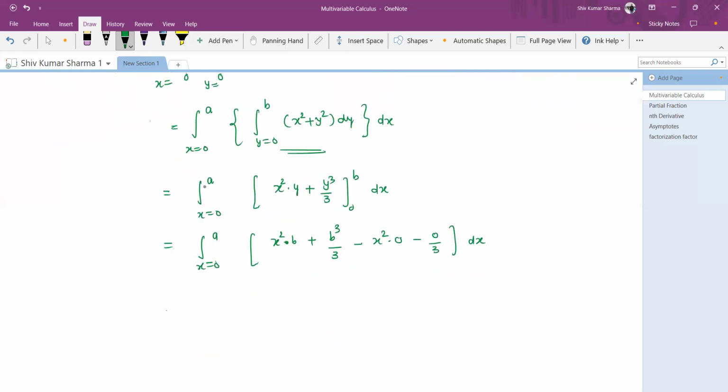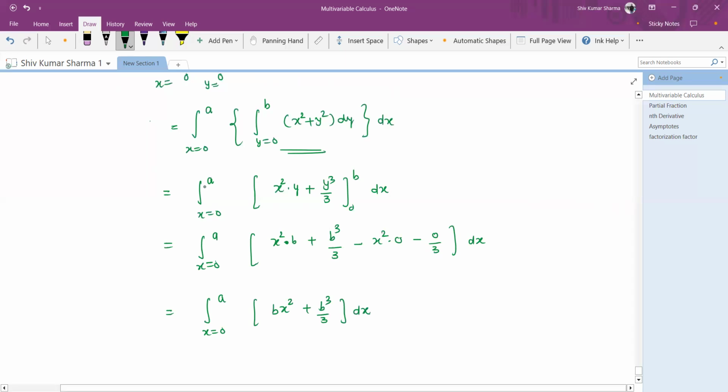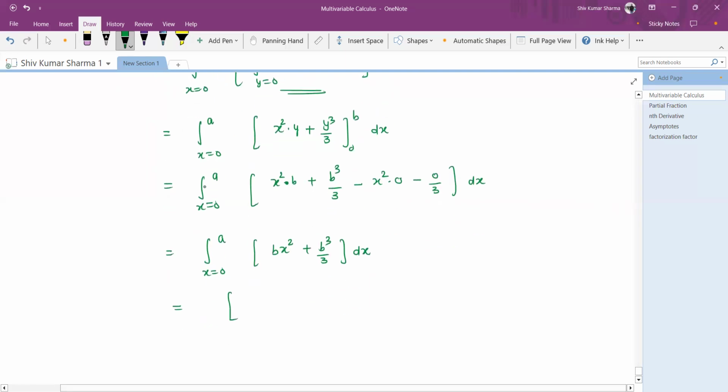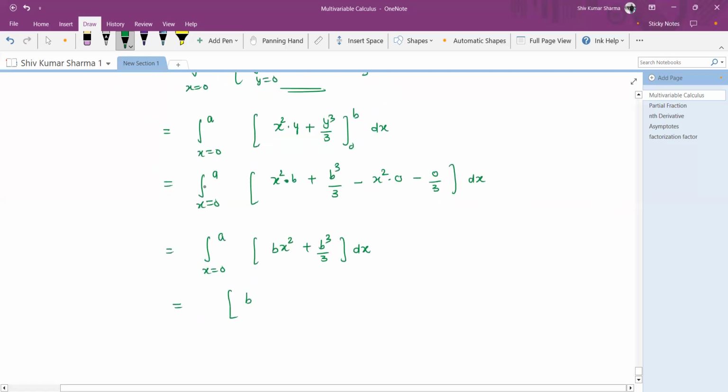So here we write this as x equal to 0 to a, bx square plus b cube upon 3 into dx. Now we integrate this with respect to x. So we get x cube upon 3 plus b cube upon 3 into x, and take the limit 0 to a.